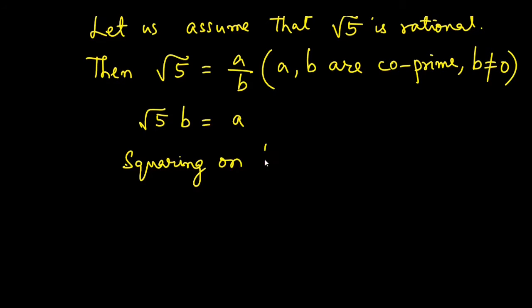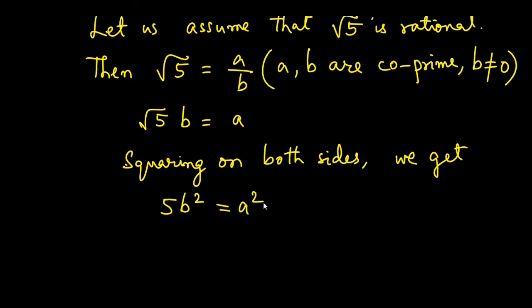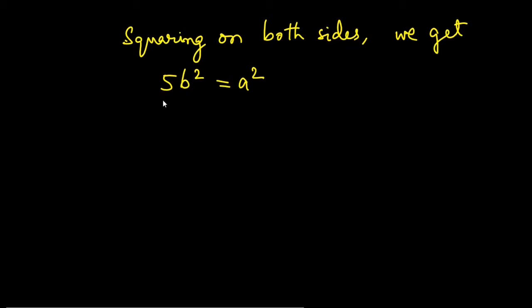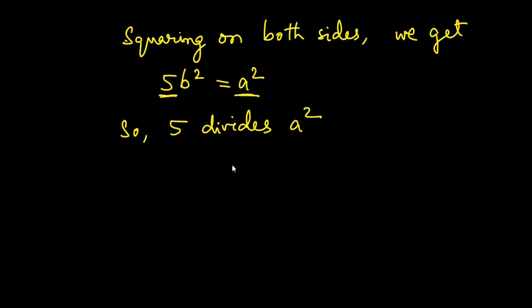Squaring on both sides, we get 5b square is equal to a square. So here 5 is a factor of a square. So 5 divides a square. By theorem, 5 divides a.